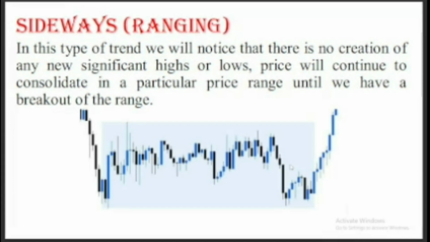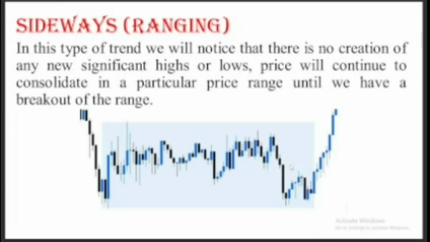In this type of trend, we will notice that there is no creation of any new significant highs or lows. Unlike the previous two trends, the bullish and the bearish trend, where we have creation of new highs, new lows, new highs, new lows.